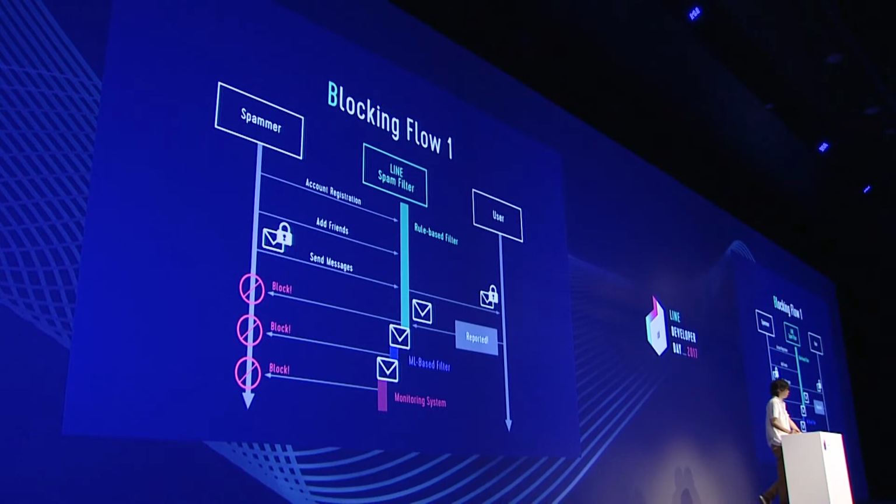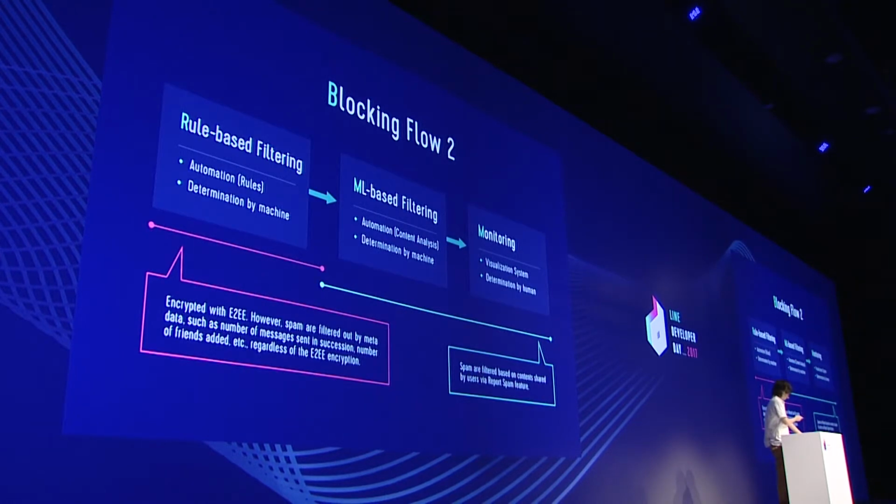First, this is the flow chart for blocking spamming accounts. There are three major rules: rule-based filters, machine learning-based filters, and user-based filters.